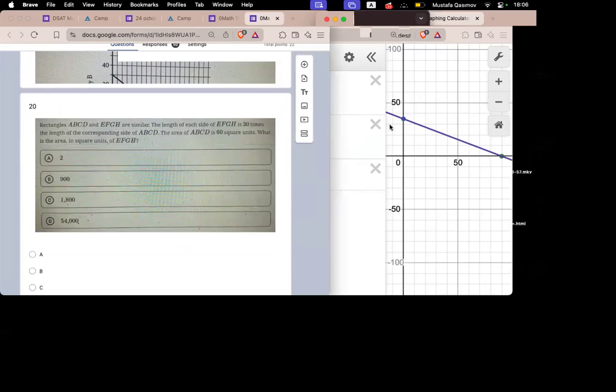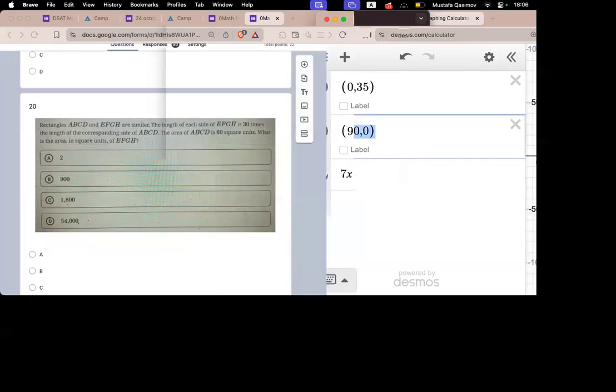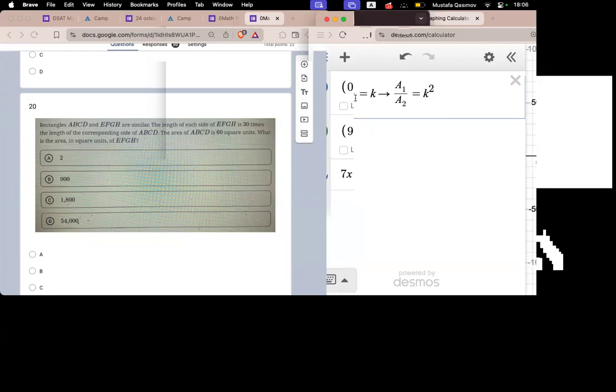20. Here we must use this formula. If the ratio of sides is equal to K, then the ratio of areas is equal to K squared.